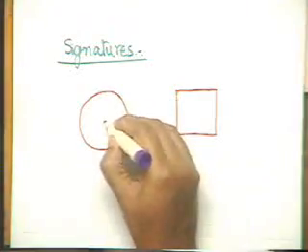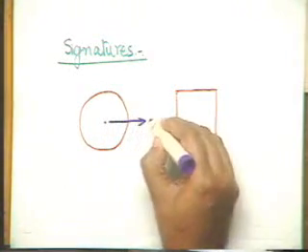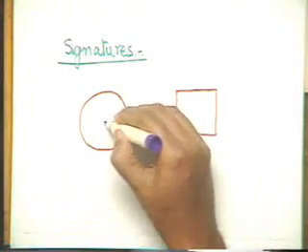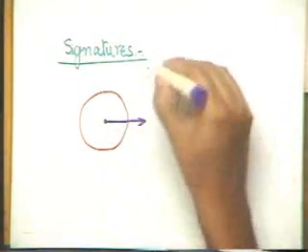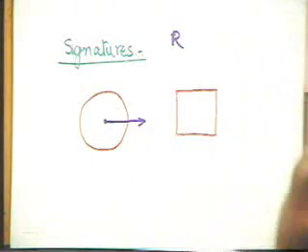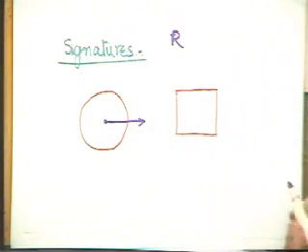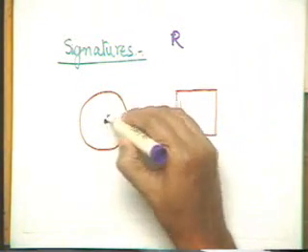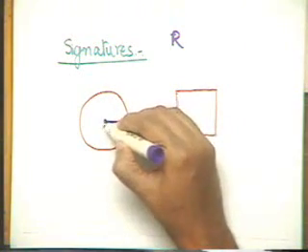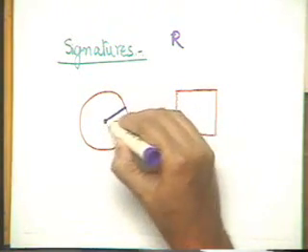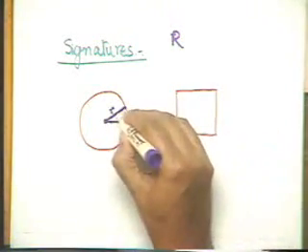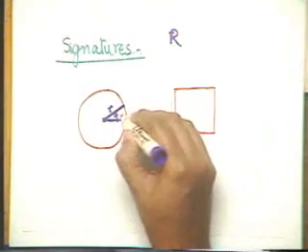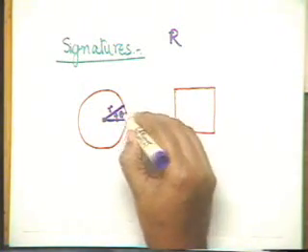Supposing this is the direction of 0 degree, the reference direction, and this is the centroid of the circle. Supposing the circle has a radius equal to R, and we consider small r as the distance from the centroid to the object boundary. Supposing this is the distance r, and the angle that it makes with respect to the reference axis is theta.